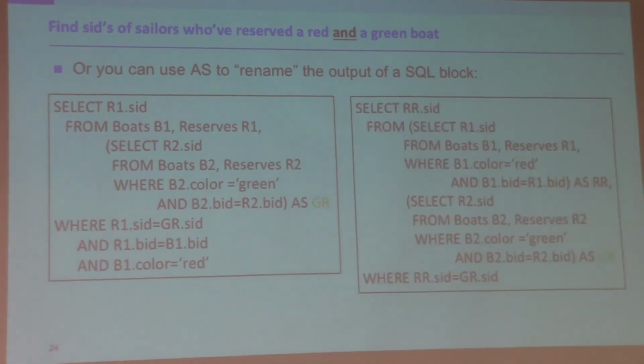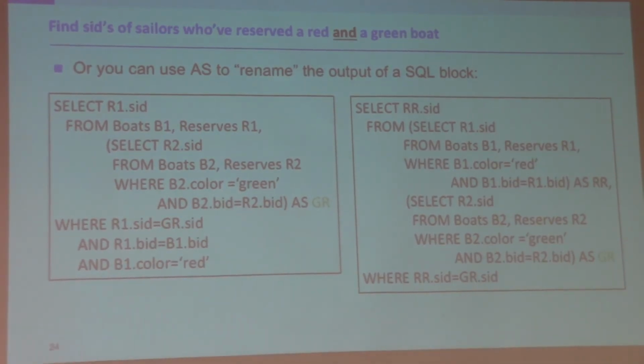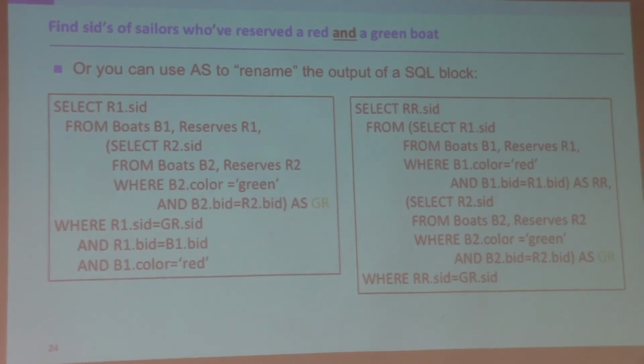I can do a little bit more. What if I just do the red ones and the green ones, and then just match the SID? This is also the same, see? So I can rewrite them as partial SQL blocks, and then evaluate them. So they are the intermediate tables, right?